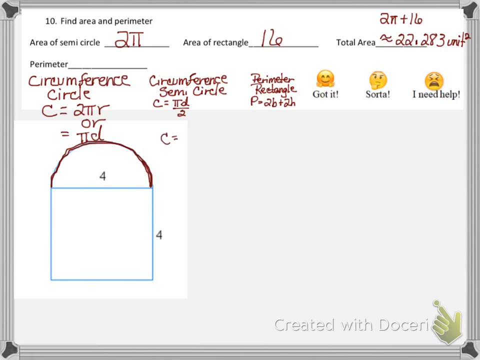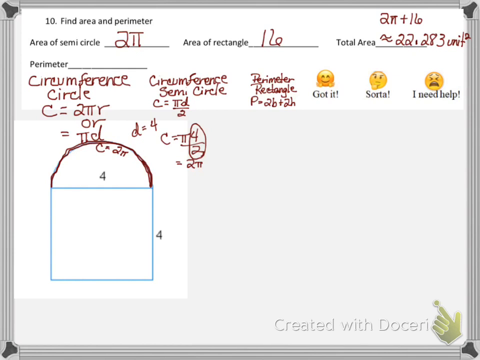It would be pi times diameter. Diameter is 4, and then divided by 2. Again, 4 divided by 2 is 2, so this would equal 2 pi. So this distance all around here is 2 pi. That's the circumference.